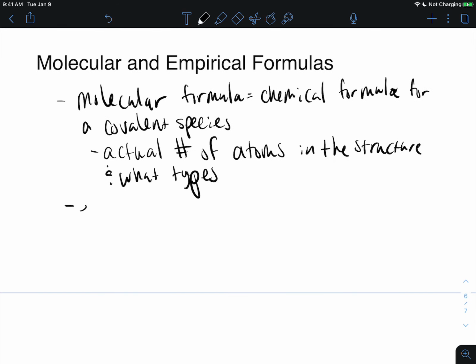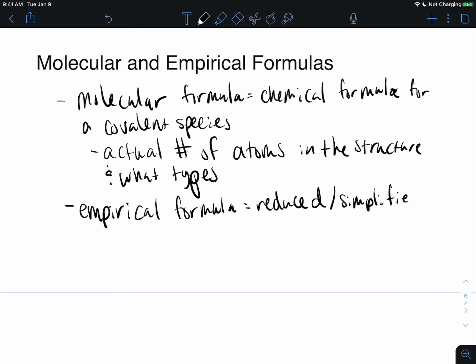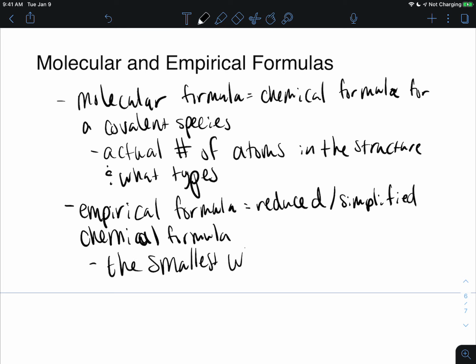The empirical formula is going to be the reduced or simplified chemical formula. The empirical formula is the smallest whole number ratio of atoms in a compound.